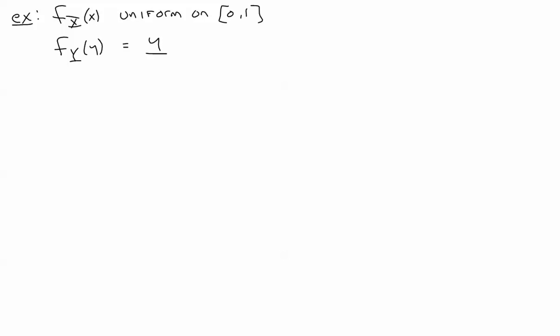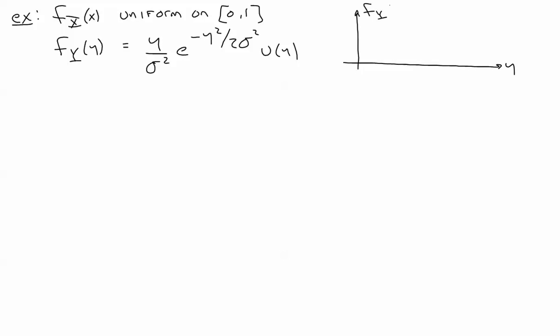It's going to look like this. It kind of increases linearly, peaks out, and then has a long decaying exponential type tail. It has no value for y less than 0 due to that step function.